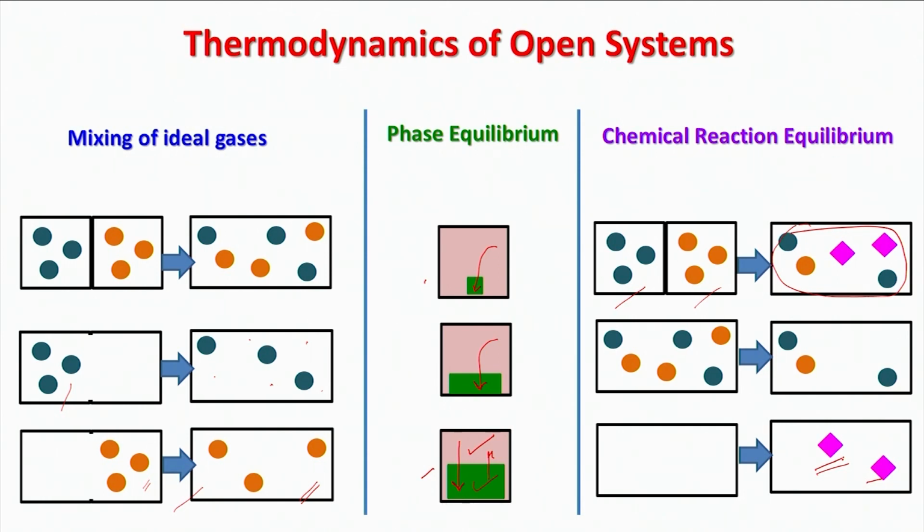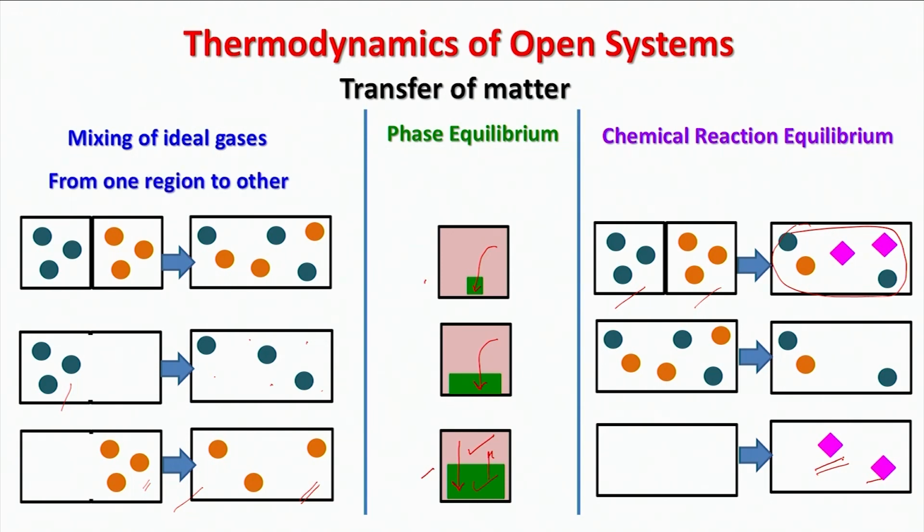Therefore, it is very important to understand that in all these very complicated situations, we are actually looking at the transfer of matter. While in the mixing of ideal gases, I was looking at transfer of the molecules of the gas, blue gas and the orange gas, from one region of the box to the other.